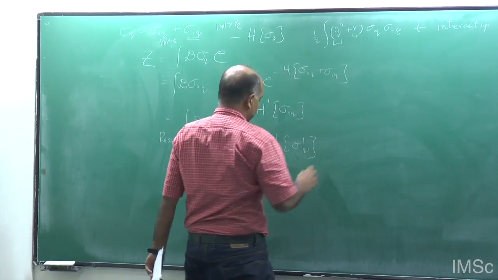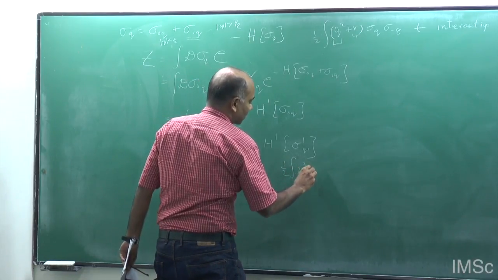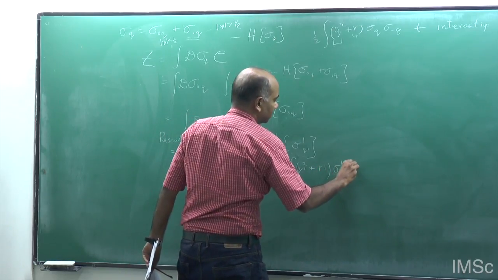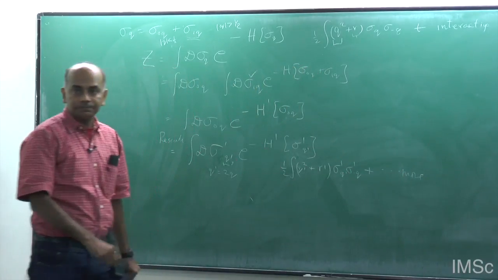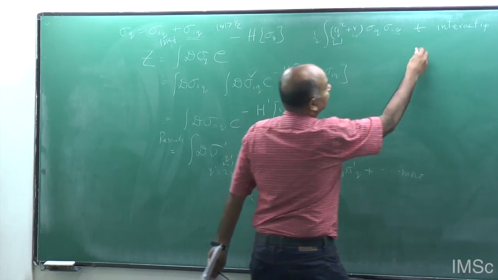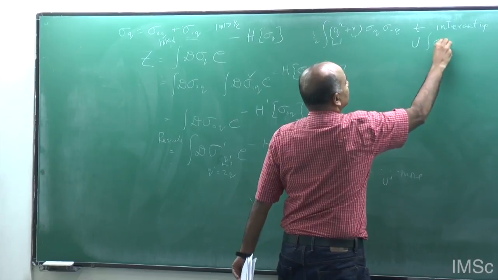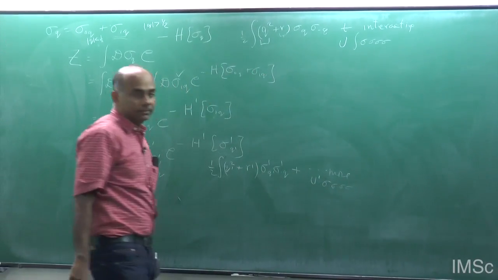So this will become here an r prime. So this will have a normalization q prime squared plus r prime plus more. Okay. And this more, here there's a u, here there will be a u prime, u times quartic, sigma, sigma, sigma, sigma. Here there will be a u prime, sigma, sigma, sigma, sigma.